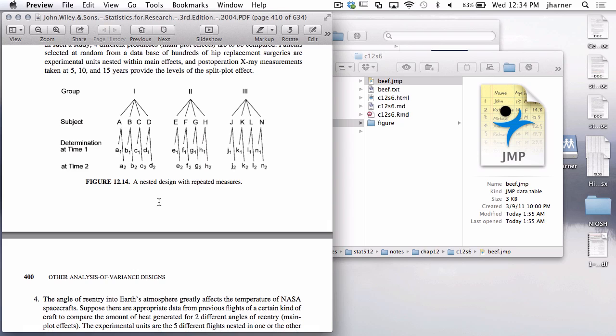But it's actually a little more general than that, because it could be measured over space or different ways we can conceptualize this. So what we've really done here is we've taken the previous design, and that whole plot, instead of being a randomized complete block design, is a completely randomized design, like a one-way analysis of variance.